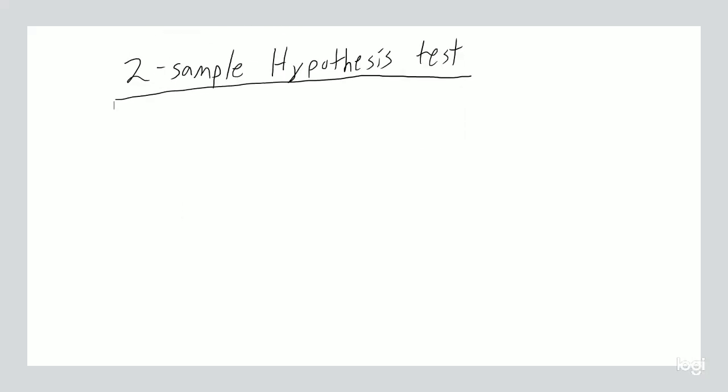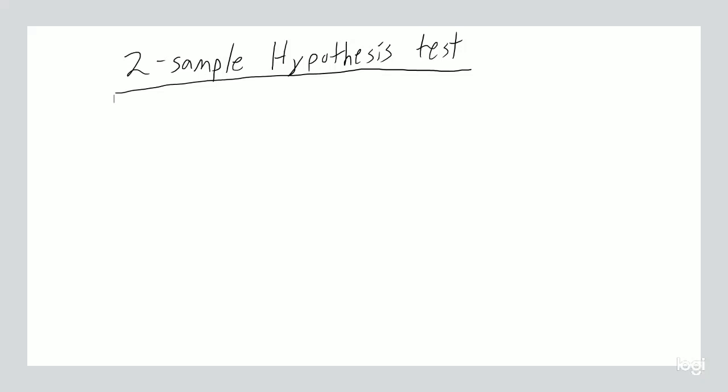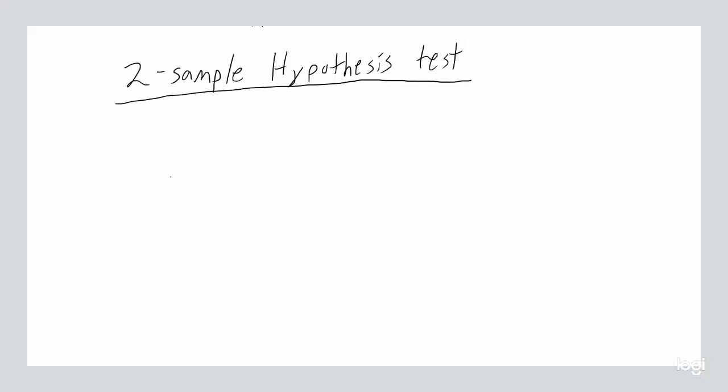In this situation, there can be paired samples and not paired samples. Paired samples are ones where every element in one sample is tied to an element in another sample. For example, you're looking at the same group of people before and after.